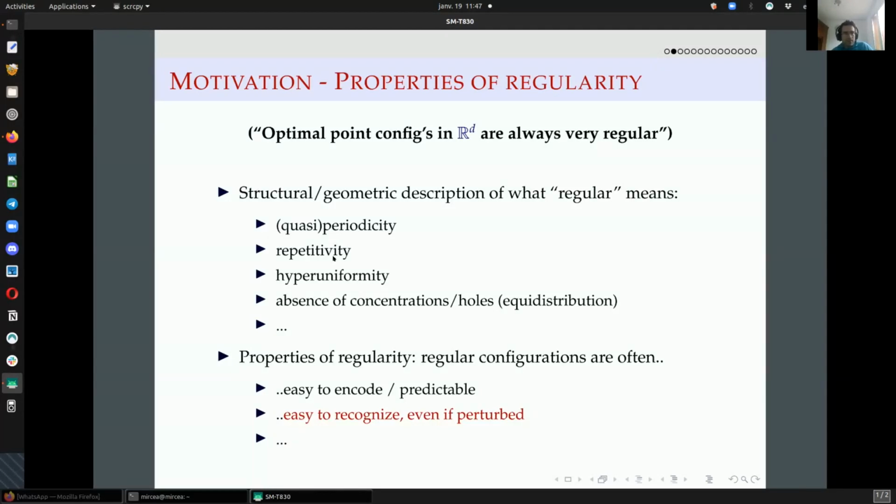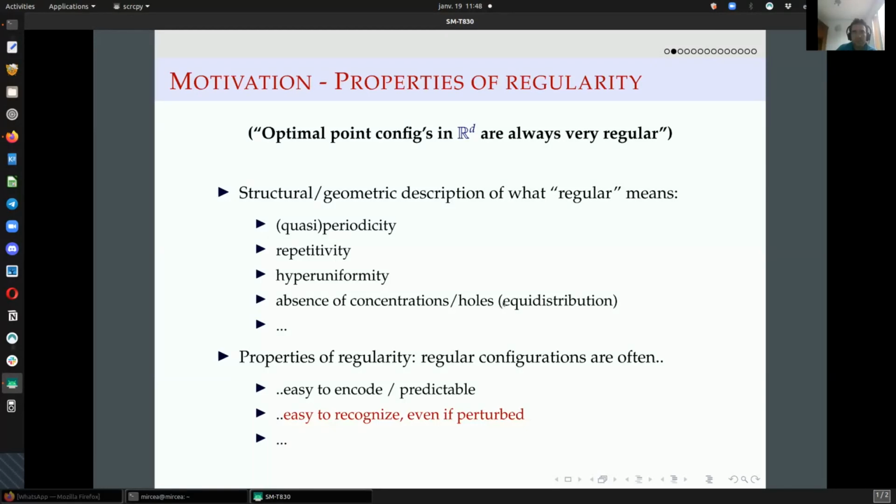And then one tries to prove this regularity, which usually means periodicity, or if you cannot prove that, you get a lattice minimizer. Then you try to prove that it has some repetitivity properties, some property like hyperuniformity, or absence of concentration of points, or absence of holes without points.